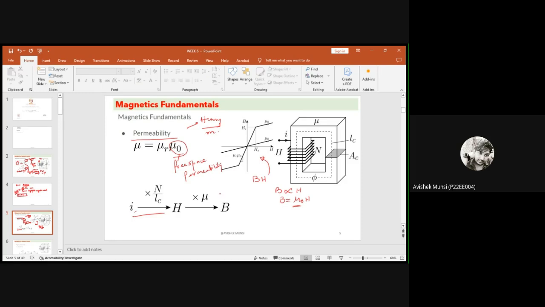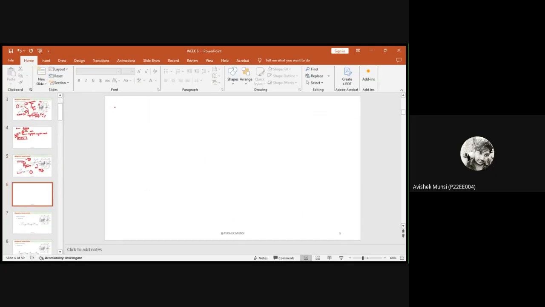Now, what is B basically? Adding a slide to understand it. This B is the magnetic flux density, that means flux per unit area. Area in the sense here is the cross sectional area.